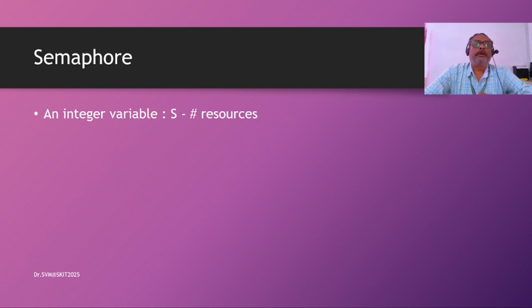At the implementation level, if we look at semaphore, S is an integer which usually is equal to the number of resource instances we have. For example, a printer is a resource, and the printer can be used by multiple processes or multiple threads, so we can call it a shared resource.